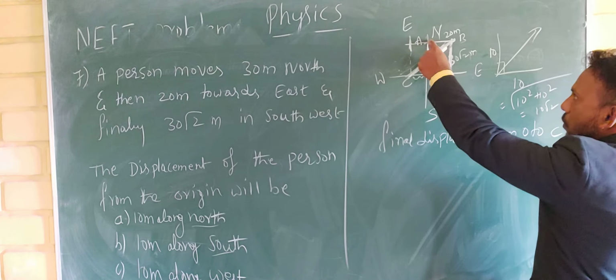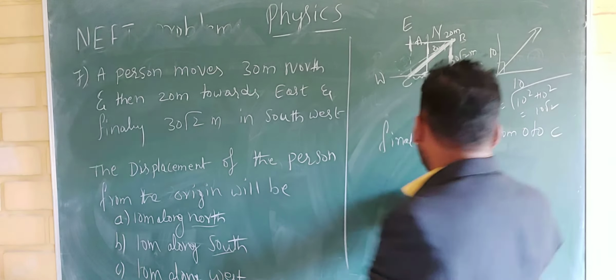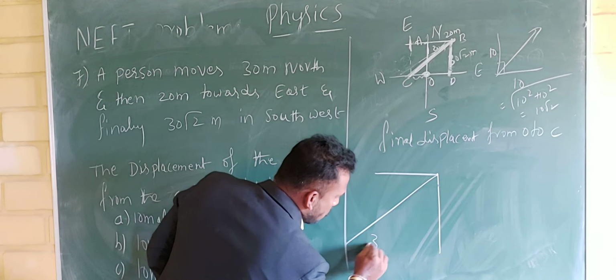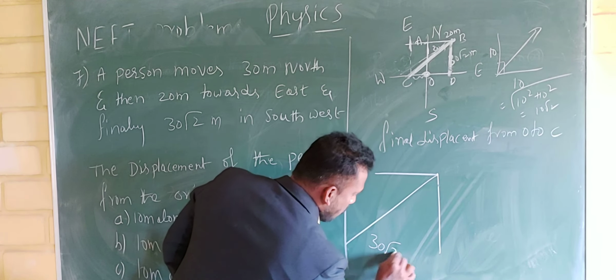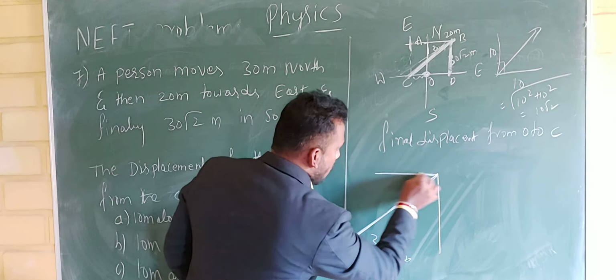What about these two? This is 30 and this is also 30, so the resultant is 30 root 2 meter.